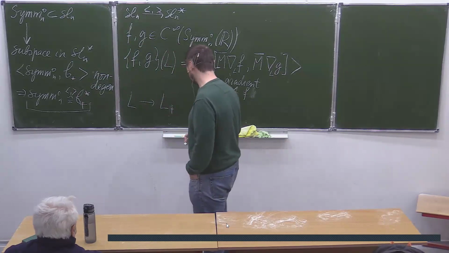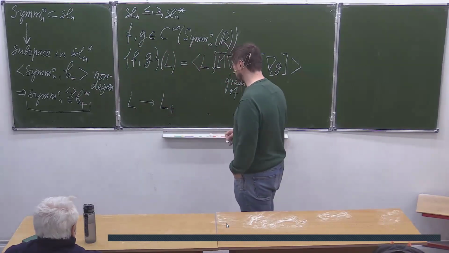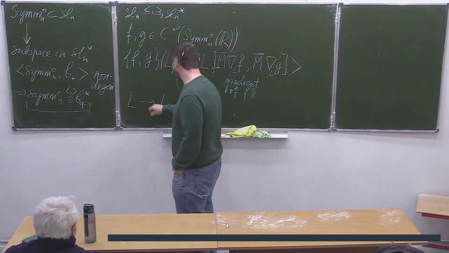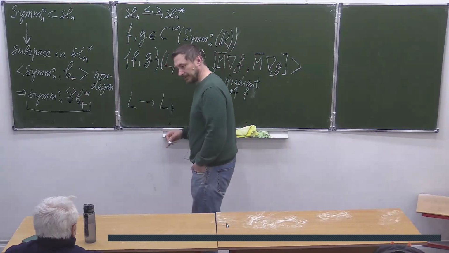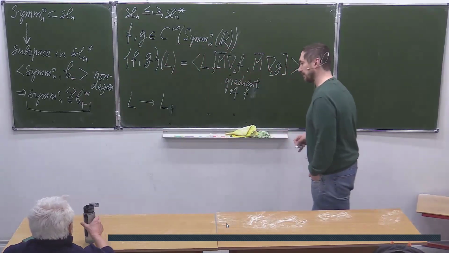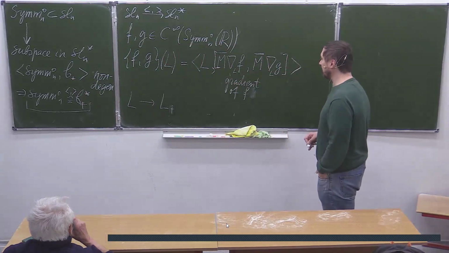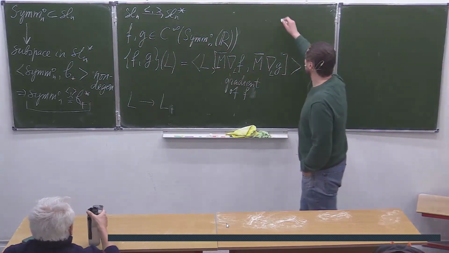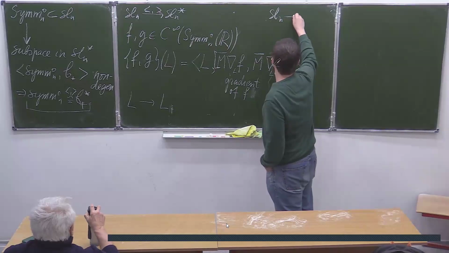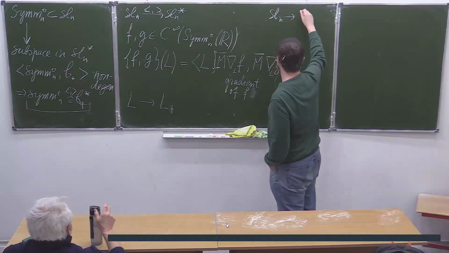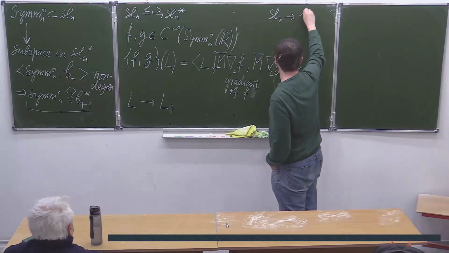So L just goes to L plus, maybe with some coefficient, but nothing else. What is M bar? M bar is a projection from symmetric matrices, actually from sl_n, to upper triangular matrices.